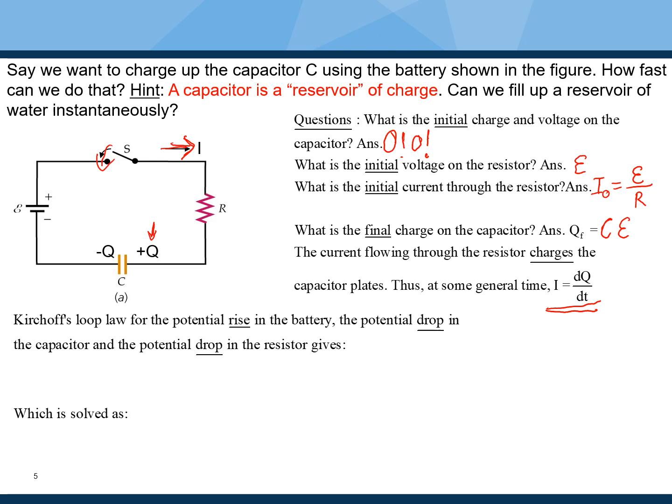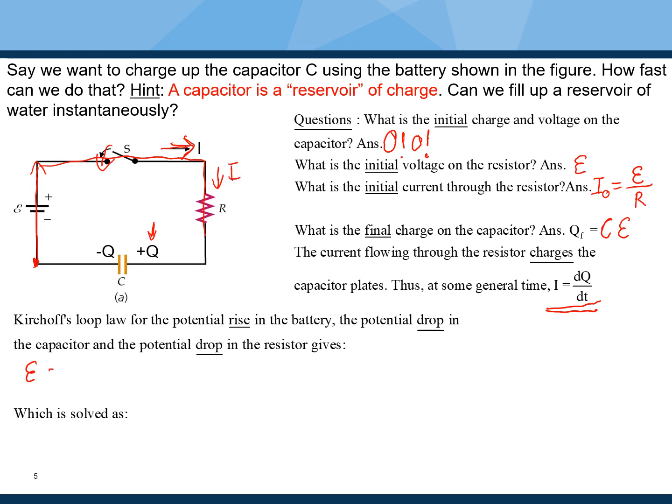So with this understanding, we can go ahead and write out our Kirchhoff's law. Let's start at this point and go through the battery, going from its negative plate to the positive plate. So Kirchhoff's law tells us that E is the voltage rise across the battery. Then we go through this part of the circuit and this part of the circuit, so we're traversing the resistor in the direction of current flow.